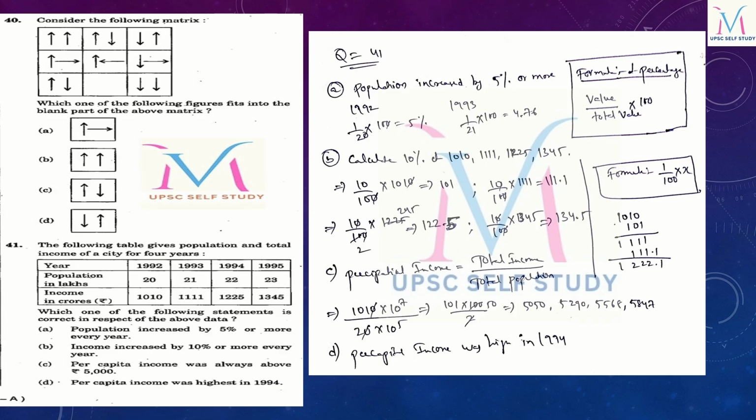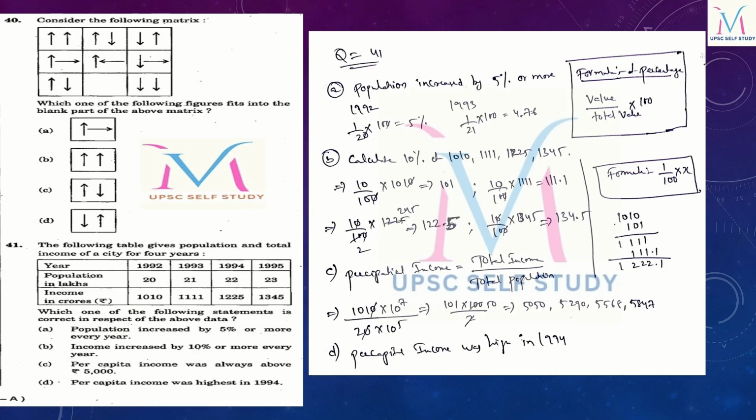So the table gives the information of population, total income as well as years. Three types of information are given in this box. Among these, we have to find which of the options is correct. Four statements are given, A, B, C, D, and we have to find which statement is correct.